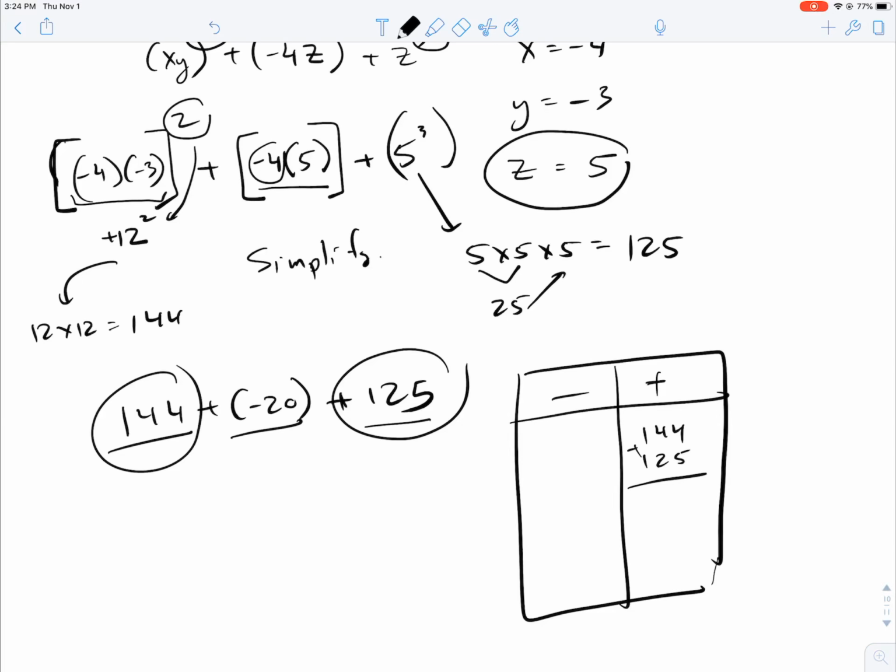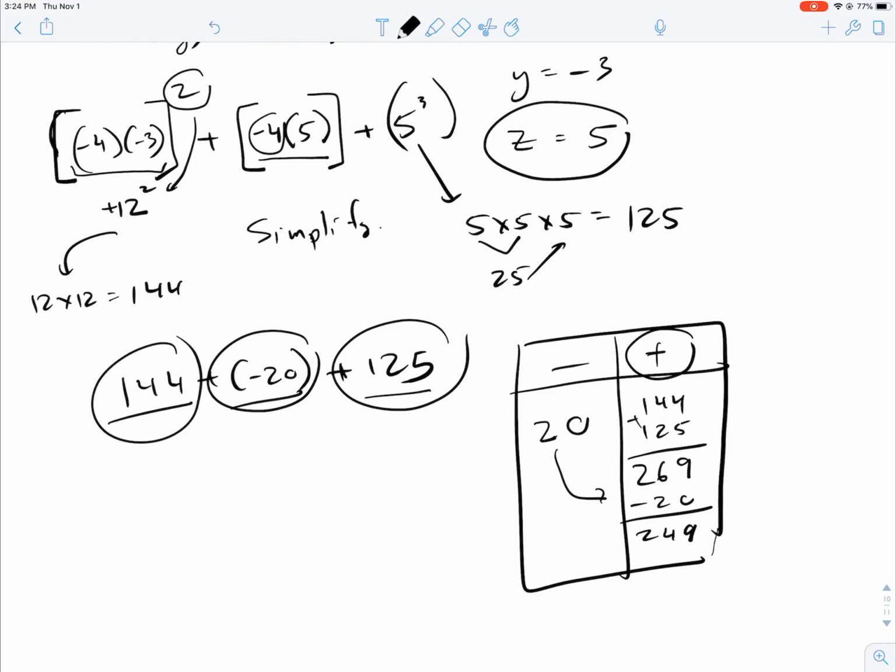Add these two together, and that's going to give me 269. Now I have my negative 20, which I put on the negative side. Bring this over and subtract 20. So I have 249, which happened to be on the positive box. So my final simplified expression is 249, just like that.